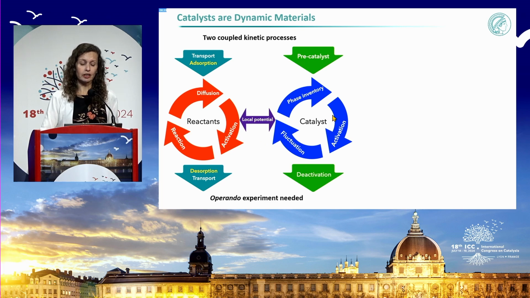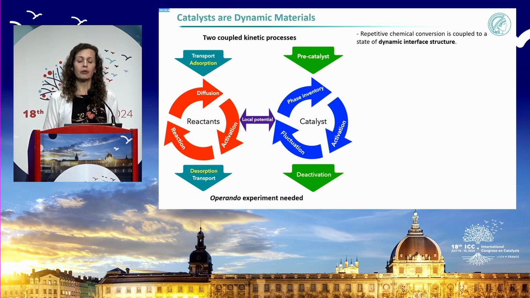These are kinetic processes that are coupled: everything that happens to the catalyst, plus a second kinetic process, what happens to the reactants. Of course, for the reactants, you will have to take into consideration diffusion, activation, other conditions during the reaction, transport, etc. So to understand catalysis, you need to think about the following.